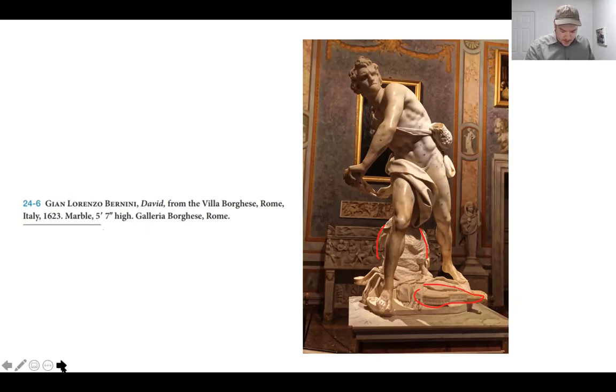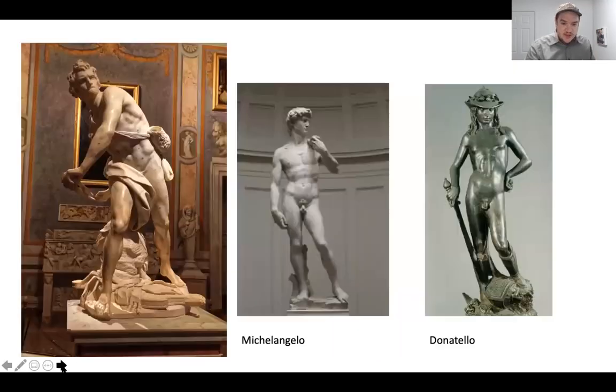If you look at other versions of this sculpture, like the one by Michelangelo, he's perfectly up and down, straight posture, though he's got that cocked contrapposto thing that we talked about. He's holding the sling over his shoulder and the rock in his right hand, pondering the action he's about to take.